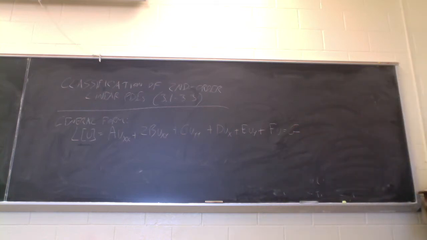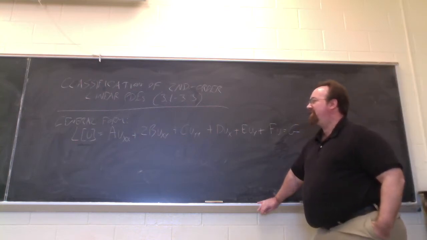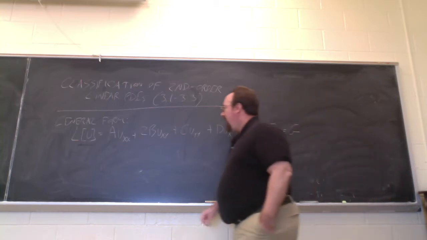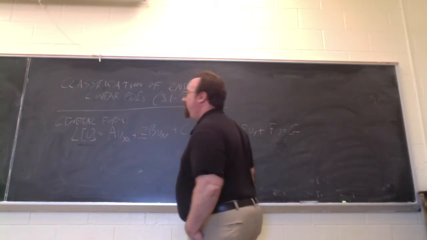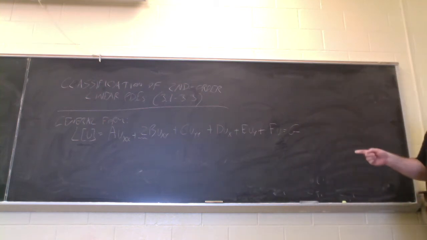Now, one thing that's a little odd about this, I've actually written this equation on the board before, except this one is slightly different. I want to highlight the 2 here, because the textbook author put that 2 in there, which I don't normally see in PDE books. And he claims it's put in there for convenience. And I guess it does make certain things convenient.